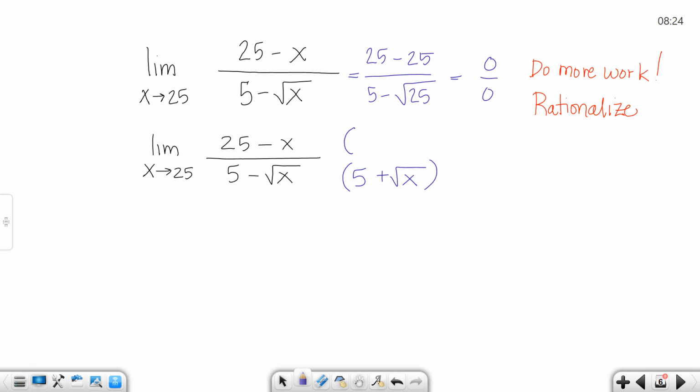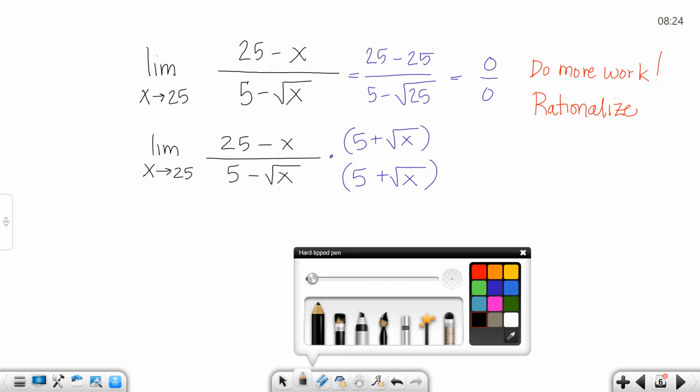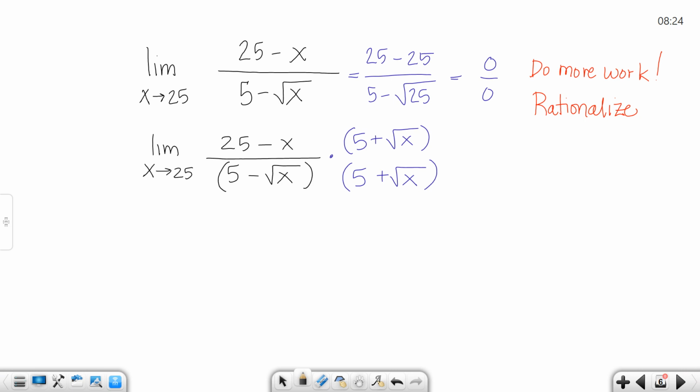If I multiply on the bottom, I have to also multiply on the top. Now, when you get ready to do this, don't multiply out the top. Only multiply the conjugate part. We call it a conjugate pair.